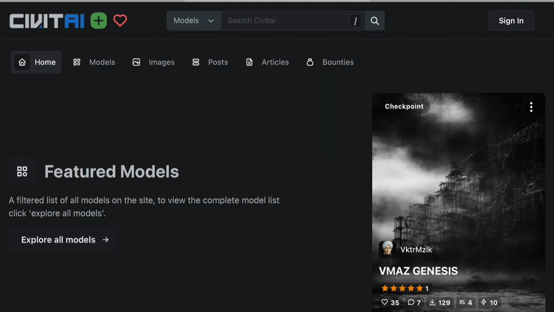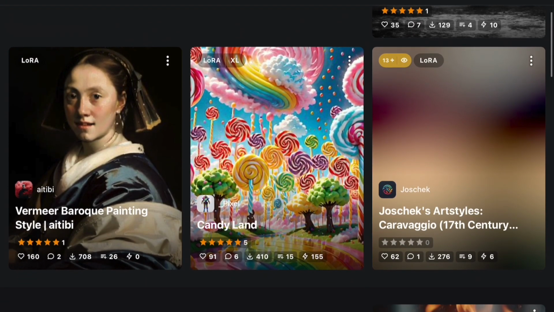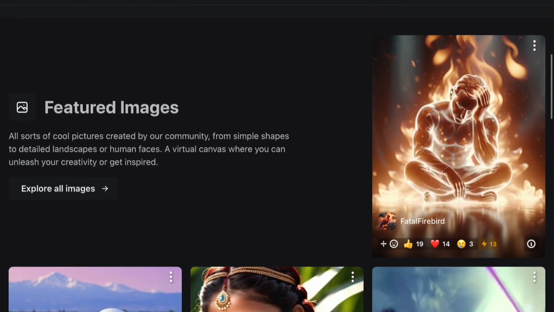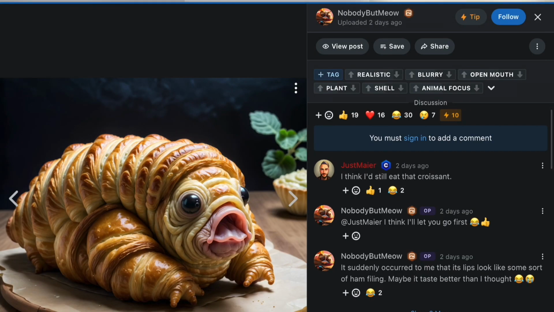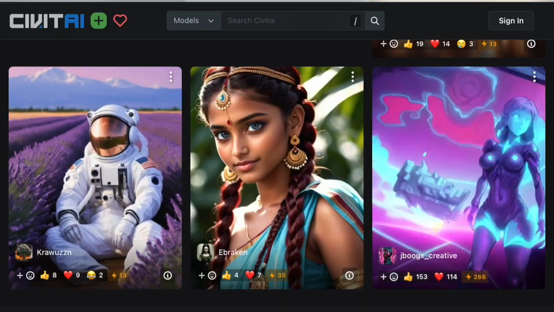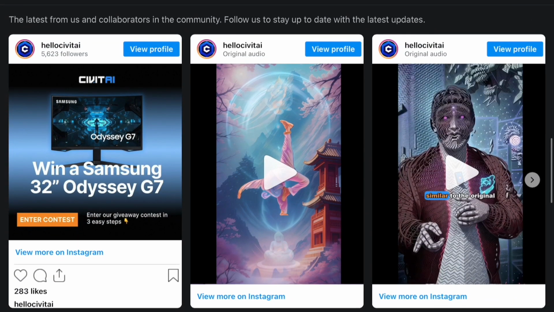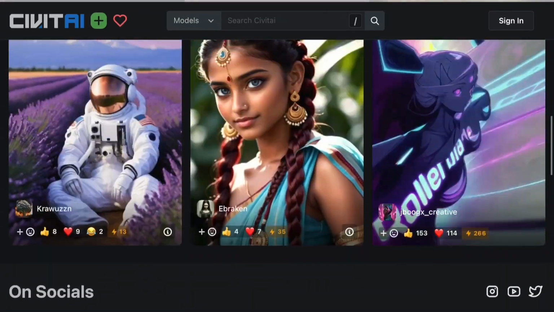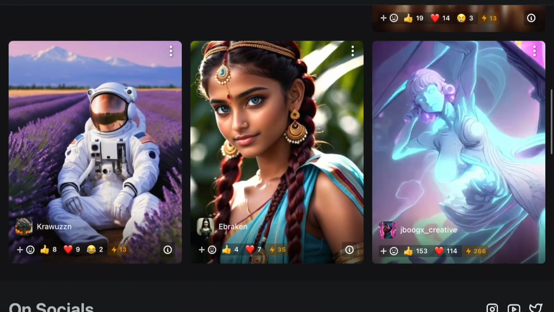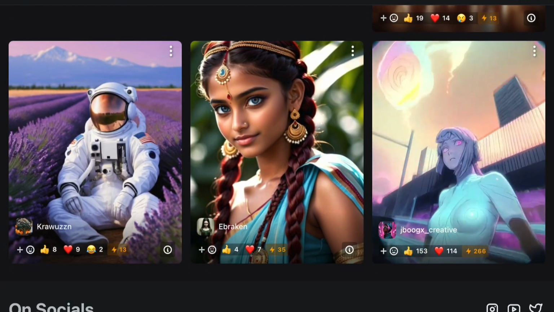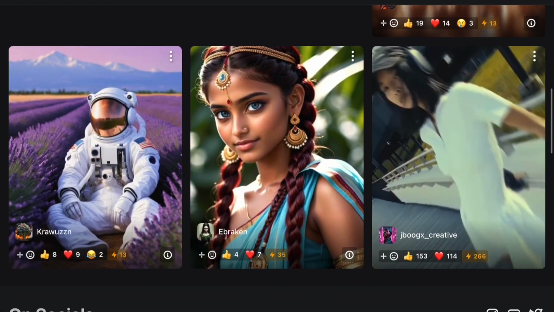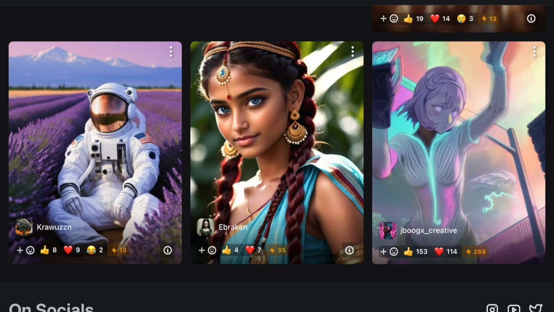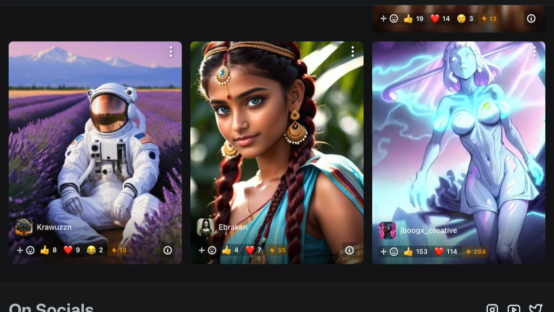So what is LoRA? As you can see on the website, there are some style photos. It's weird. The photos are weird. Basically, if you want to get a specific style photo like this one, you need to train your own LoRA model.